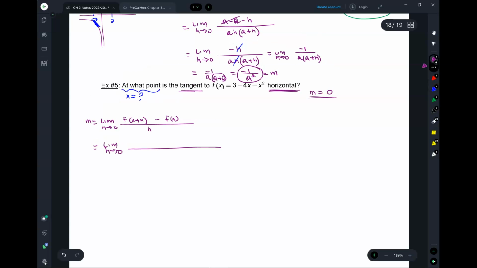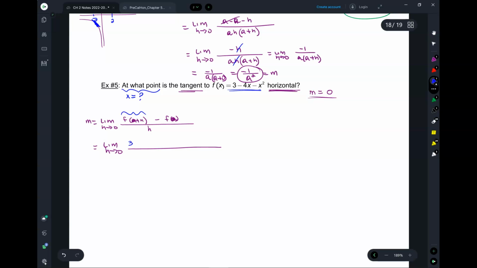The actual formula from before was f of x plus h minus f of x, and so on. If you are given a specific point where you're finding it, then it becomes f of a plus h, and so on. It really doesn't matter. Let's just leave it as a. So I'm going to find f of a plus h. I'm going to plug a plus h into this equation.